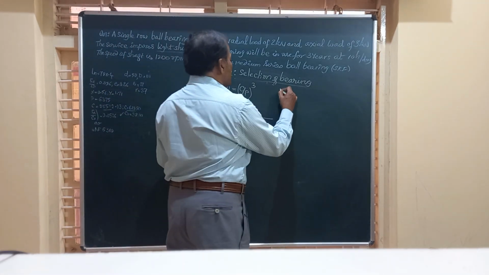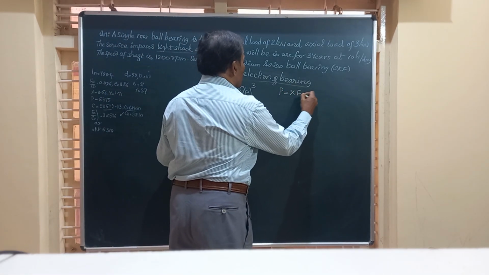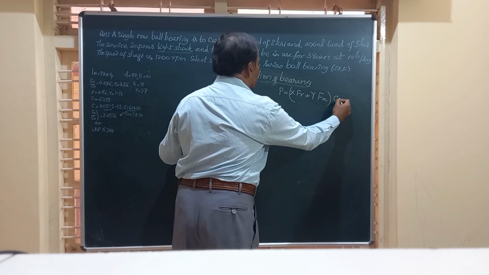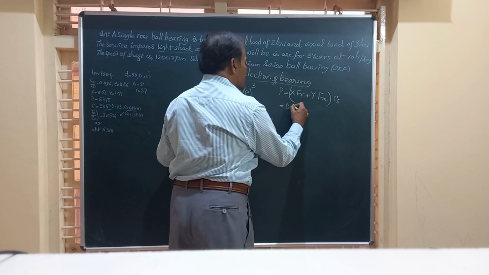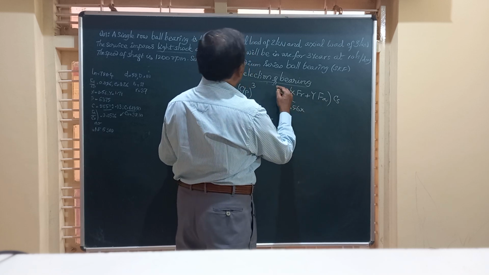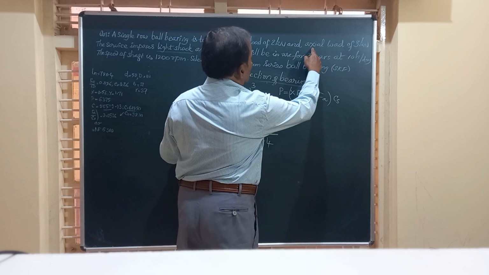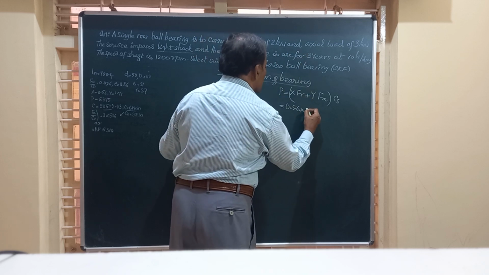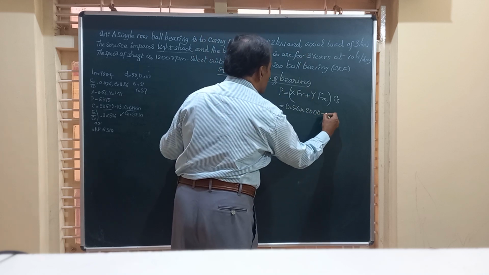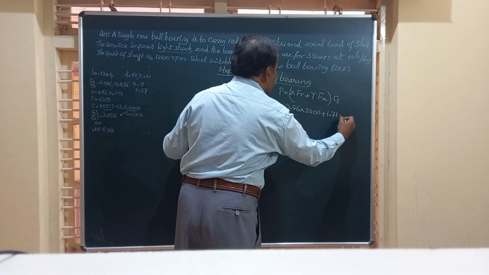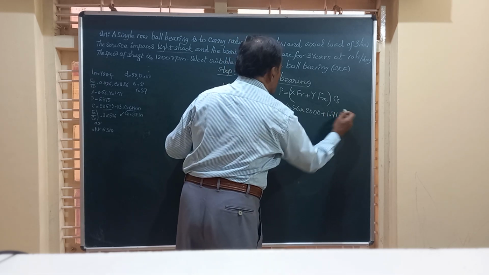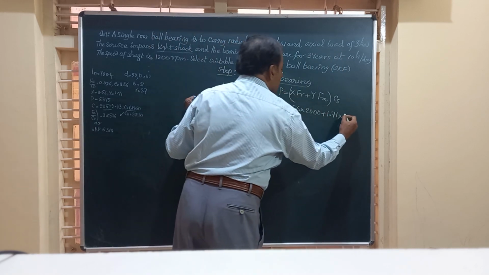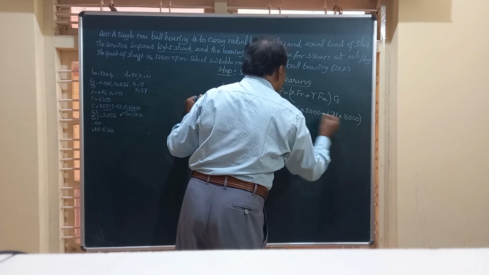So friends, P is equal to x FR plus y FA multiplied by the service factor. So x is 0.56, the radial load is 2 kilonewton, 2000 Newton, plus y is 1.71 into the axial load of 3 kilonewton, multiplied by the service factor.